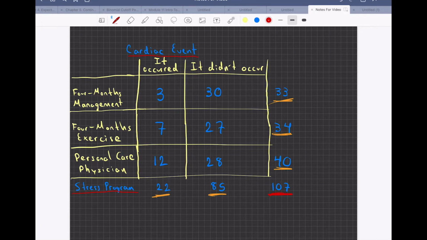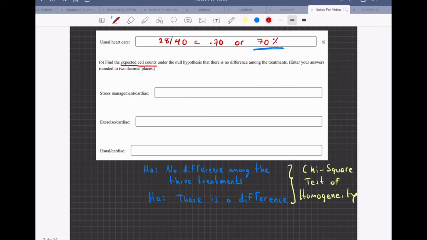So again, usually you're going to end up with a table like this. Now, when you are performing a test, what kind of test are we performing here? Homogeneity, this one. I'm sorry if I'm not pronouncing this correctly, but this is homogeneity. When you are performing this test, you need to compute something called the expected cell counts.